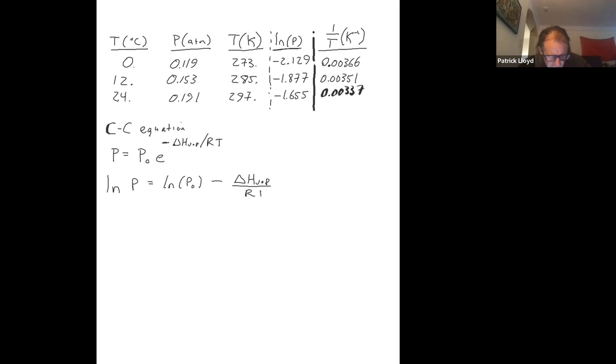And so this form of the Clausius-Clapeyron equation, all I did was take the natural log of both sides. So when I took the natural log of P on the left side, I took the natural log of the right side, and I took advantage of the idea that ln of A times B is ln of A plus ln of B. So ln of P naught times e to the minus delta H over RT gives ln of P naught, which is what we might consider the initial pressure.